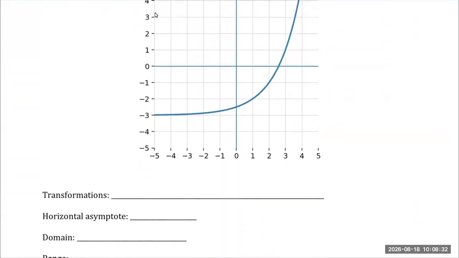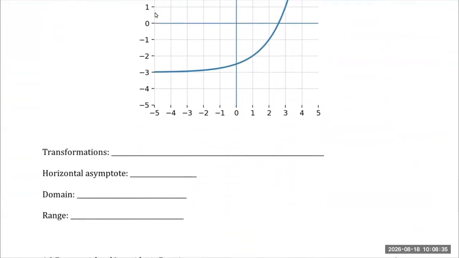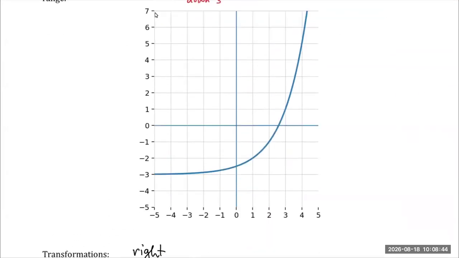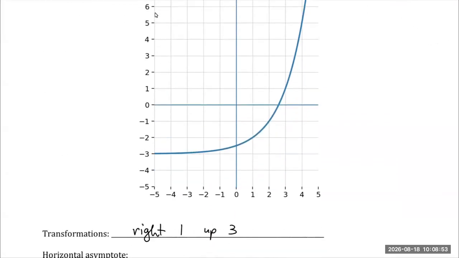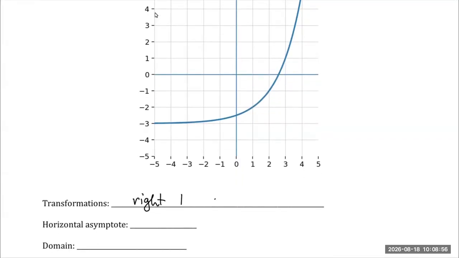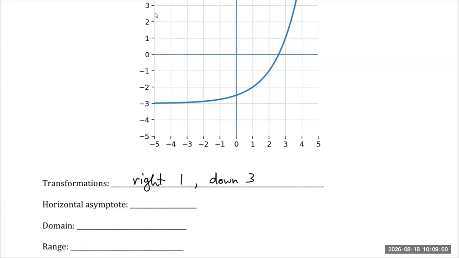Going back to our transformation, you're going to piece these together. We're going to go right one and, sorry, down three. Our horizontal asymptote was originally y equal to 0.